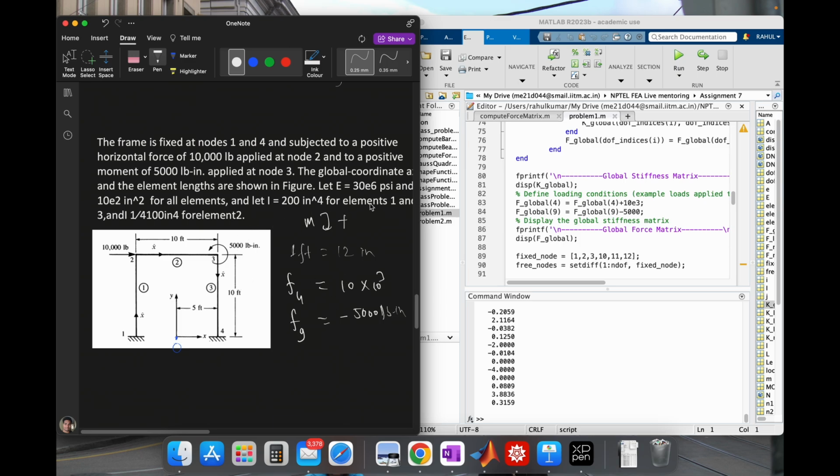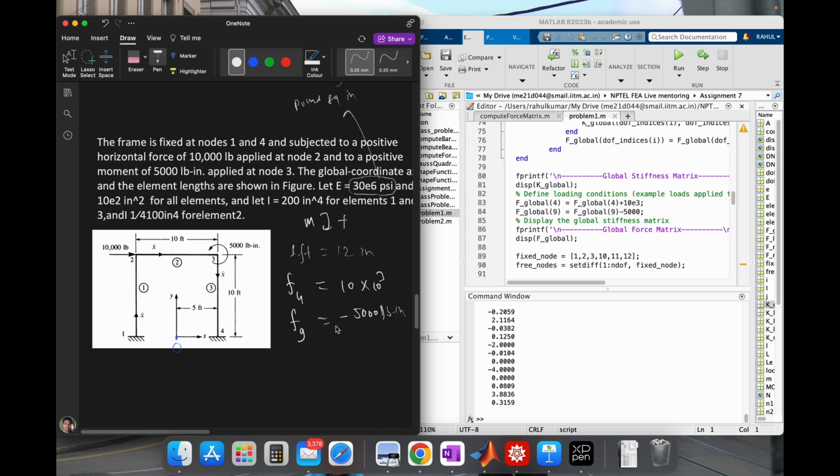And here also we don't have to be confused, this is in the proper direction. psi means pounds per square inch.